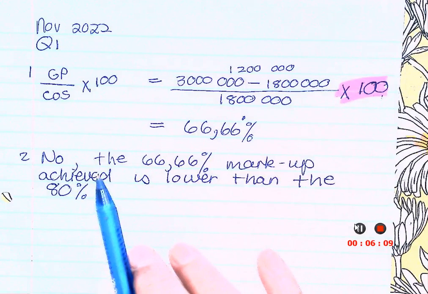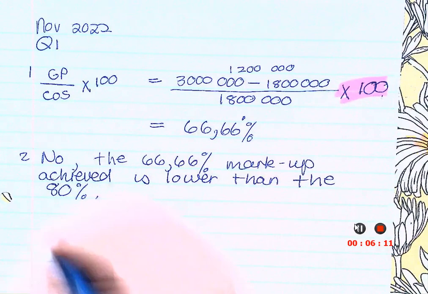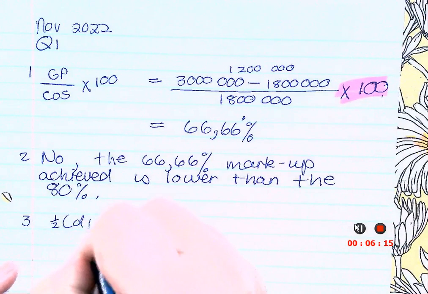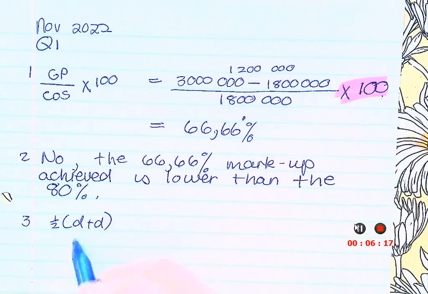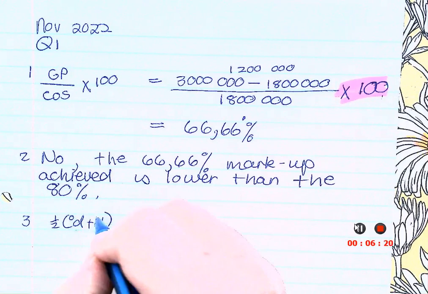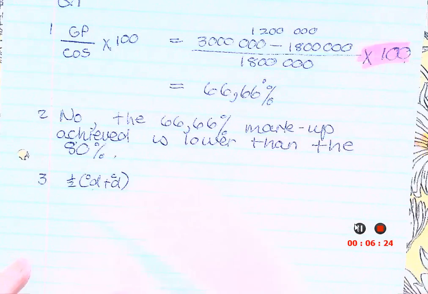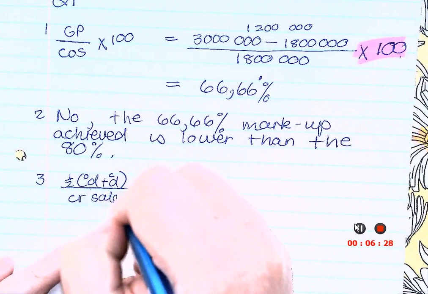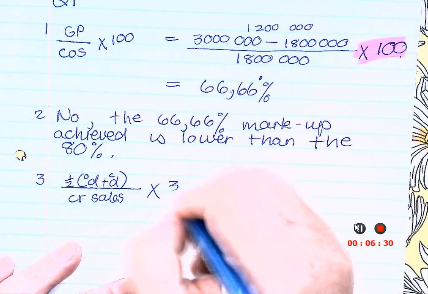So average debtors, and what's that one? It's going to be the opening and the closing, over credit sales, not total sales, times days.